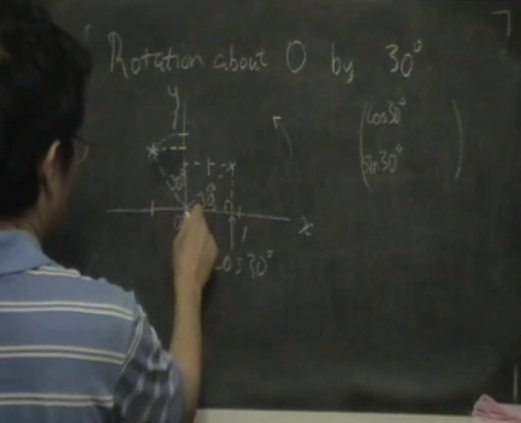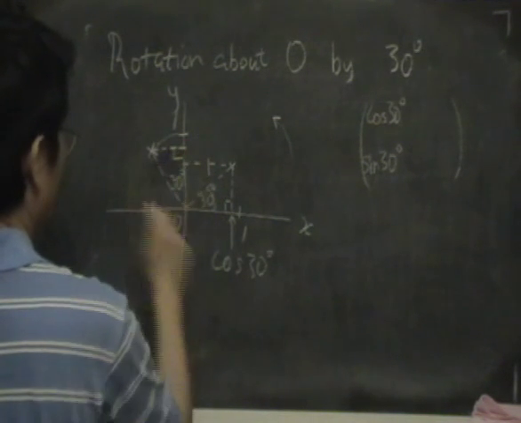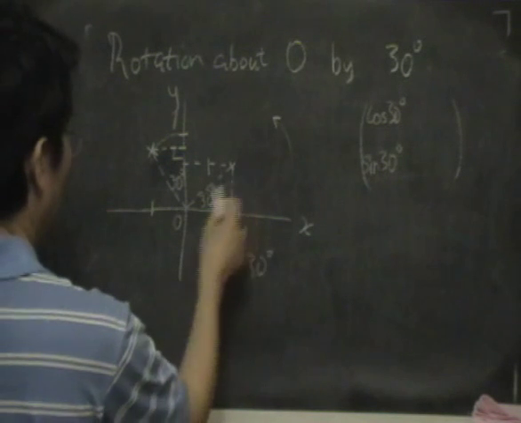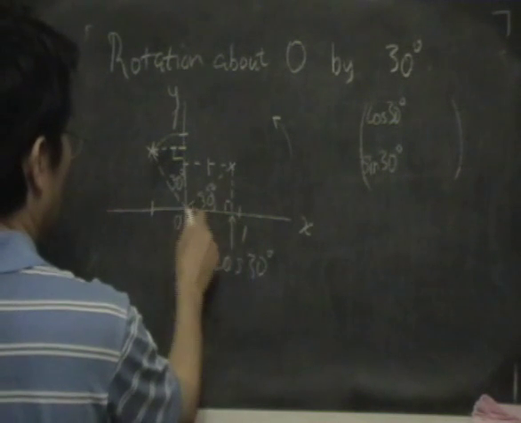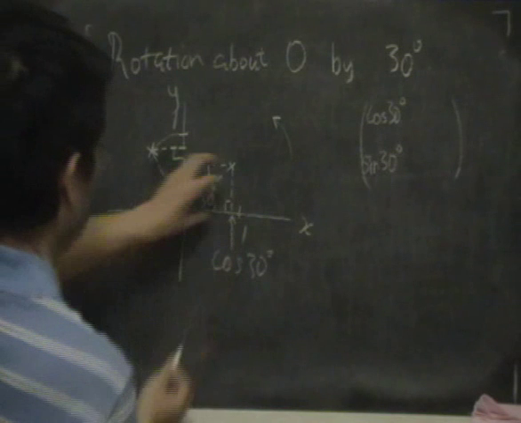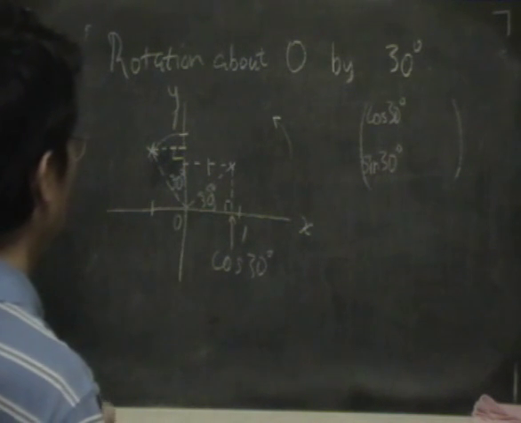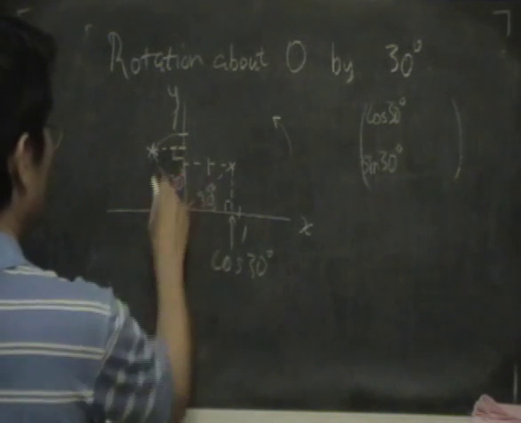So this is a right-angled triangle, which looks just the same as this. In fact, it is as if we take this triangle and rotate the whole triangle 90 degrees until it comes here.